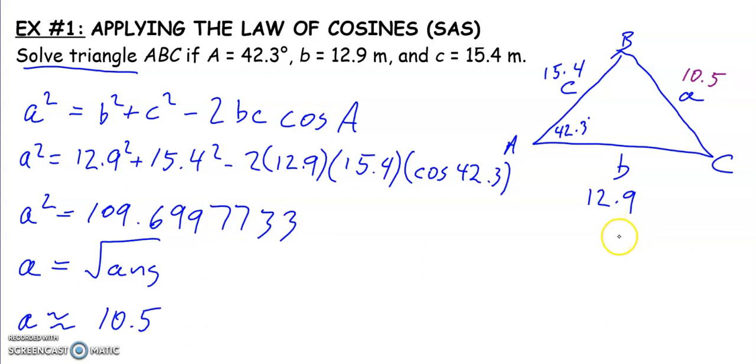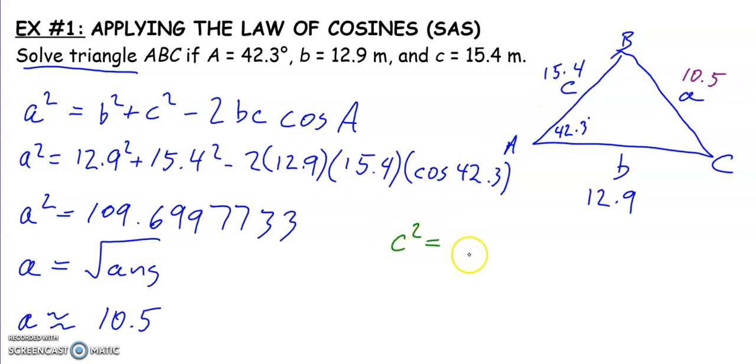So I am going to find angle C. To find angle C, the formula is going to be the same formula, except instead of a big A, it's going to be a big C, which makes this a little c, and the c is going to become an a, because it's the angle I don't know, which is C. So let's start with the side across from the angle I'm looking for.